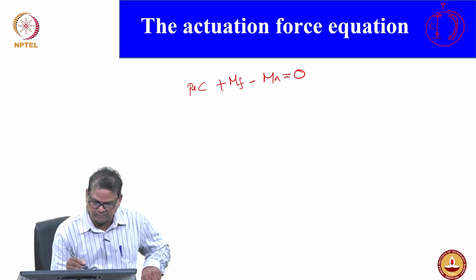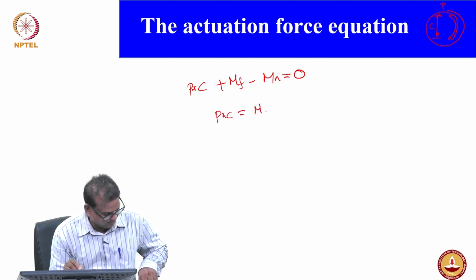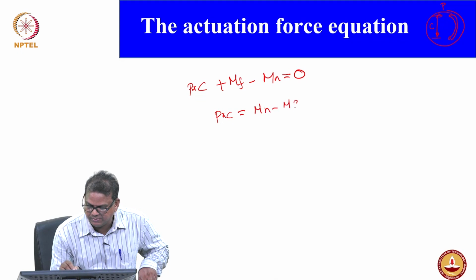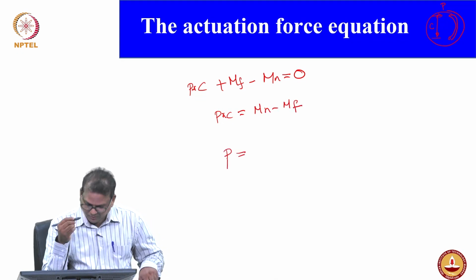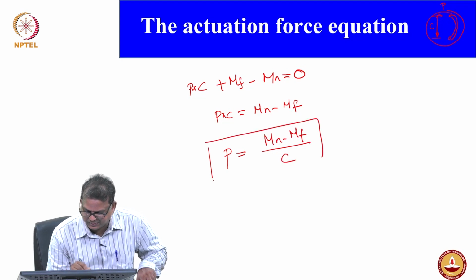Making it simplistic, P into C equals Mn minus Mf. Finally, if you want to find the activation force, P equals Mn minus Mf divided by C. This is the equation you are expecting.